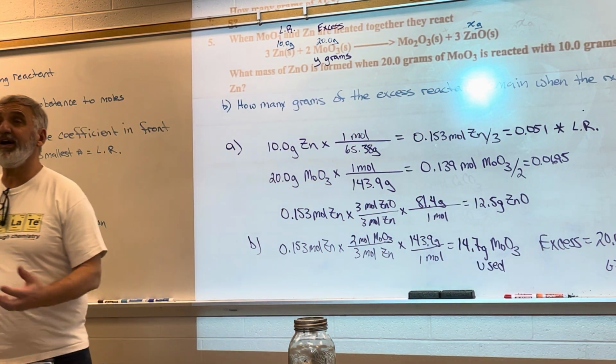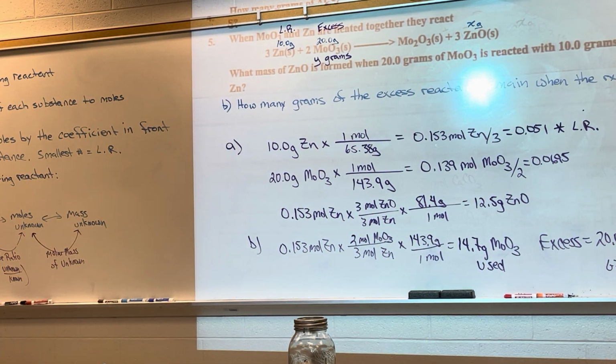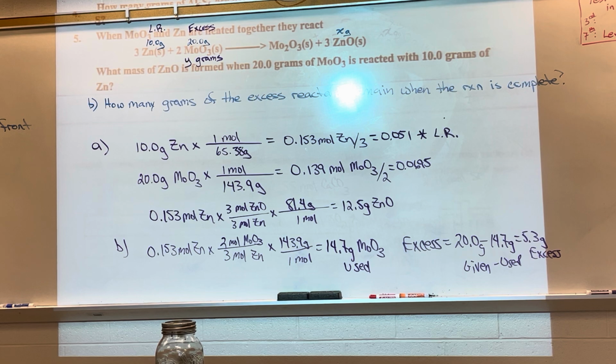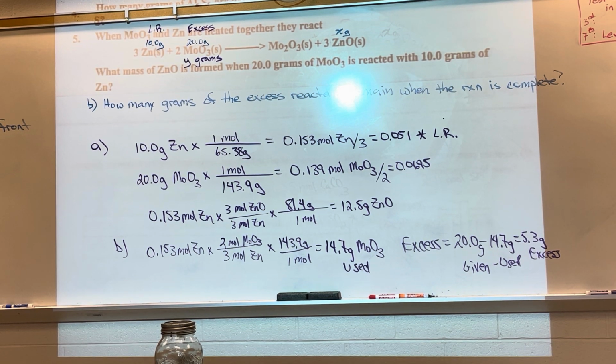So you just find the excess, you strictly find how much got used, just doing stoichiometry like always, and then subtract what got used from how much was given. If you end up finding out more was used than what was given, then maybe you did your limiting reactant wrong, because you can't use more than what you were given.